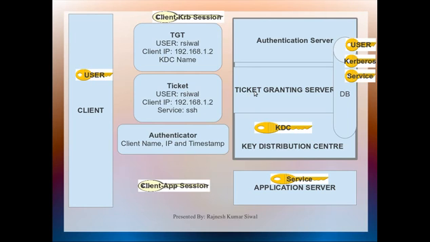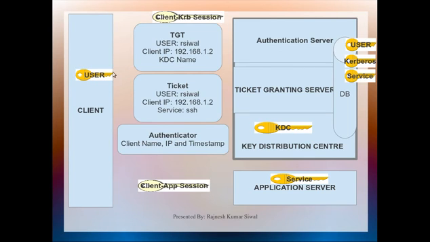Now, the ticket granting server, part of the key distribution center, has the session key that was provided to the user also, so it decrypts this packet. It fetches out the authenticator, it fetches out the ticket granting ticket. Now, as this KDC has the private key for the ticket granting ticket, it opens and reads the TGT and matches the details with the authenticator.